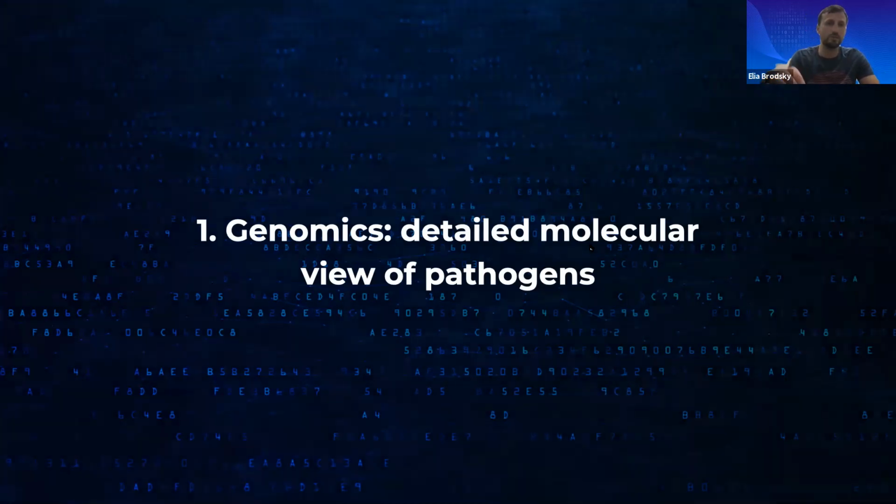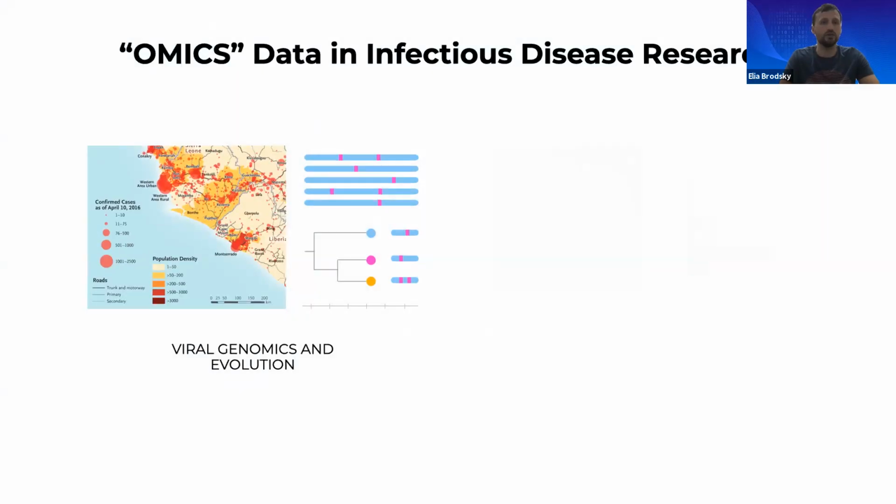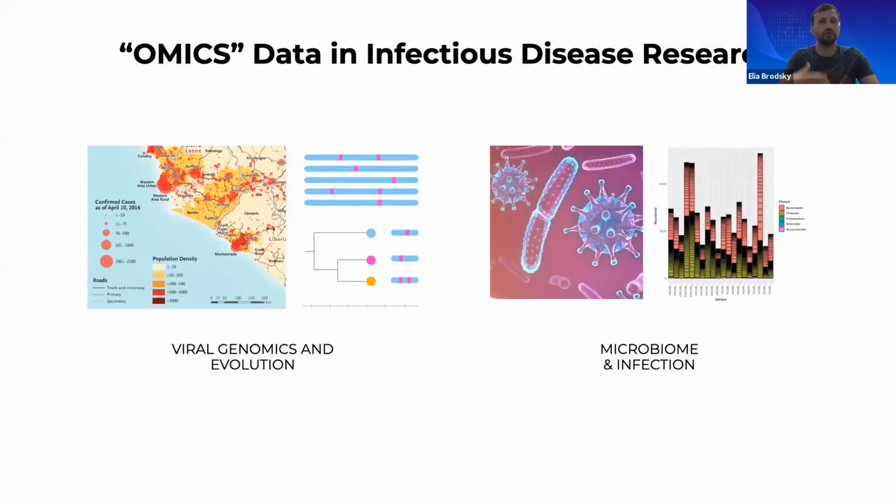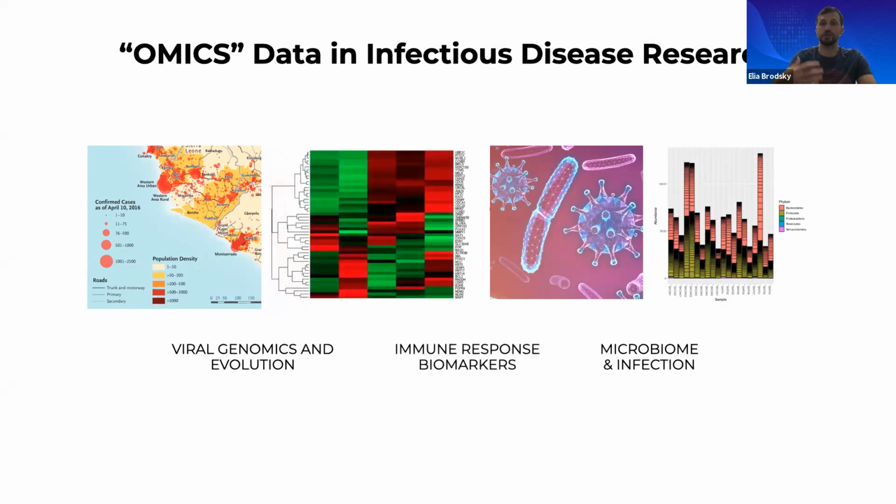When we think about that detail, we can look at viral evolution, how the pathogen spreads and causes disease as it adapts to a population. We can look at the interaction between that pathogen and other, maybe less harmful, pathogens that are competing for resources and domination, right? And we can also look at the host response.